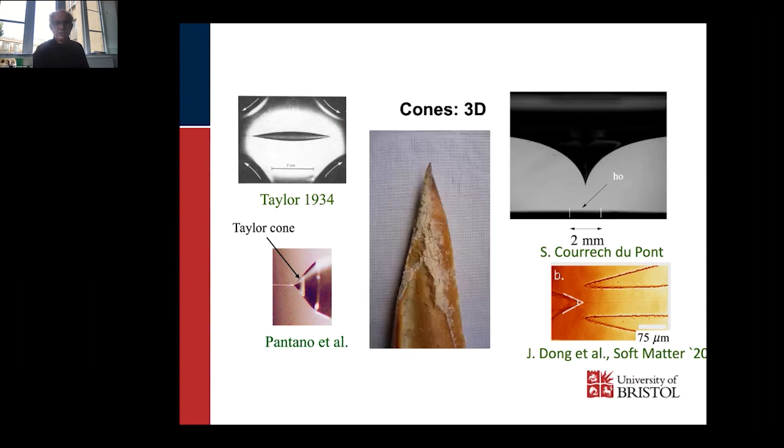And again, there are all sorts of nice manifestations of such cones in 3 dimensions, but which are in an essential way different from the 2-dimensional cusp.